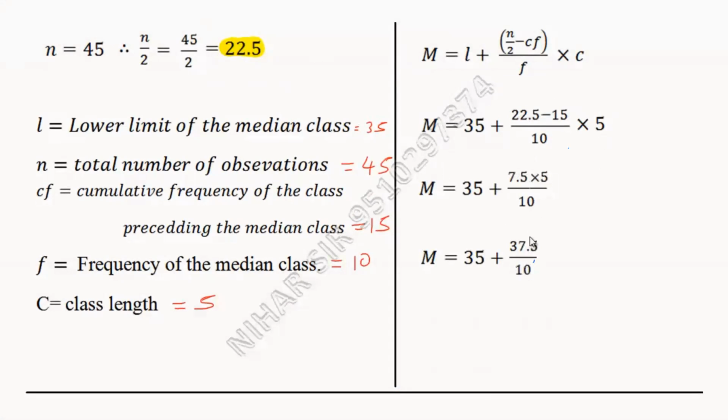If you just observe, the median of the data should lie between 35 to 40. So adding 35 plus 3.75, it becomes 38.75. The median of the group data is 38.75, and our 22nd or 23rd item is covered in the class 35 to 40.